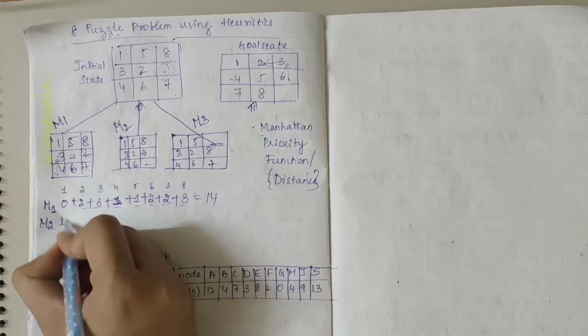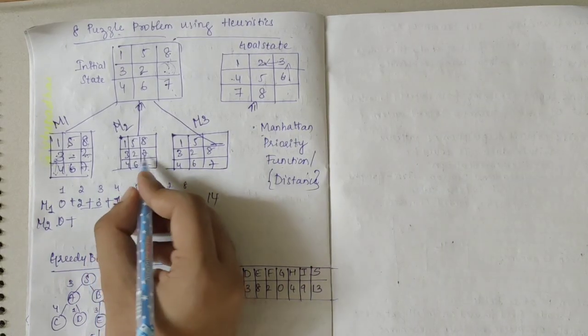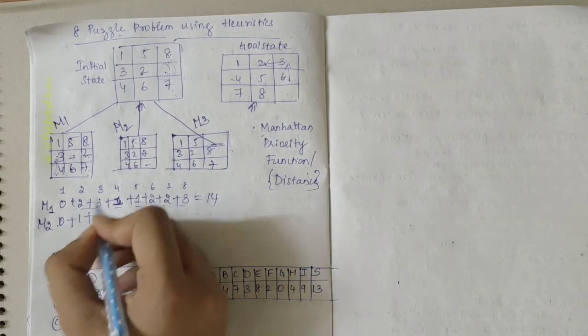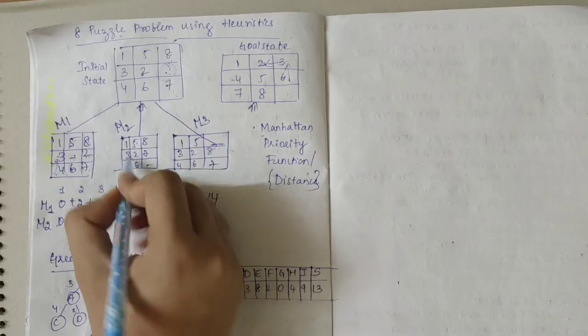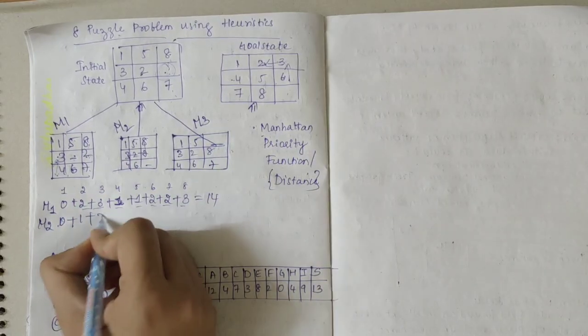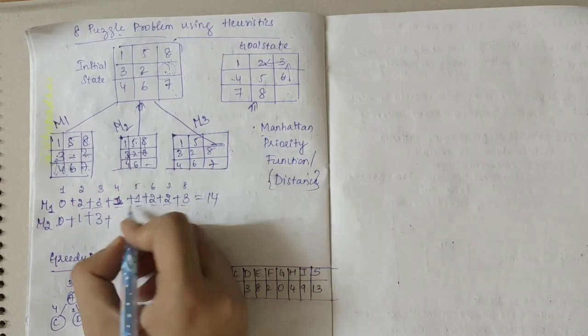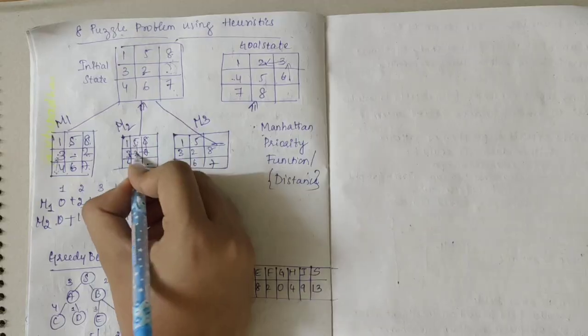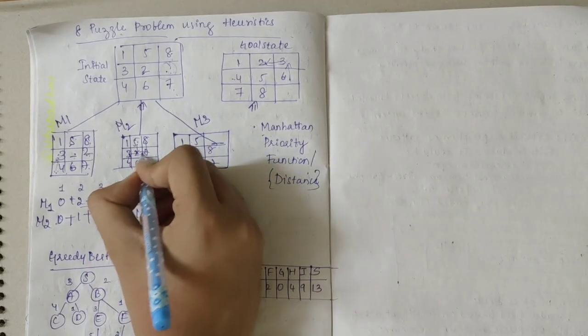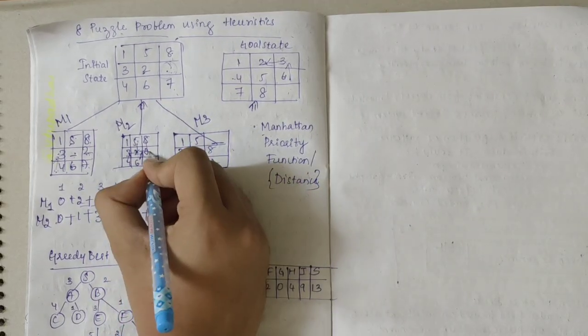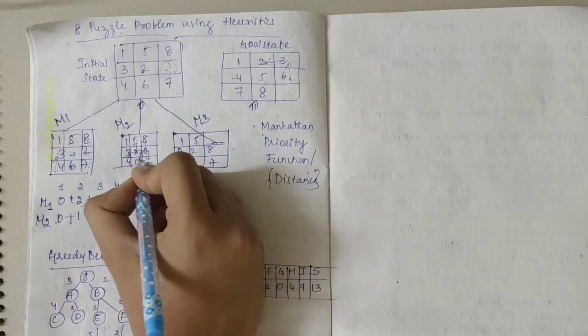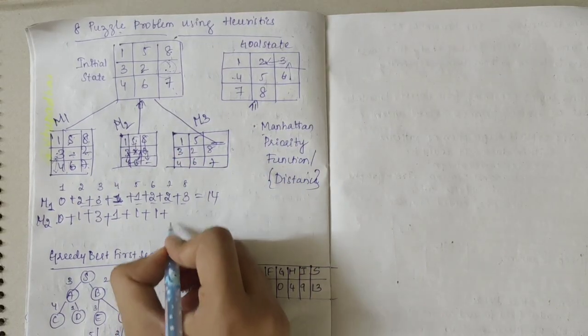Similarly, calculating the Manhattan distance for M2. 1 is in the same position. For 2, I need to shift 2 up by 1. And then 3 is here. I need to shift 1, 2 and 3. So 3 shifts. For 4, go up once. For 5, go down once. For 6, go up once. For 7, 1, 2 and 3. 3 for 7.